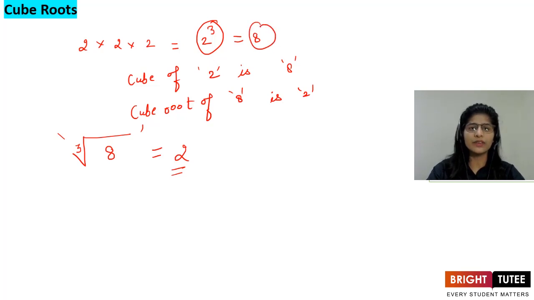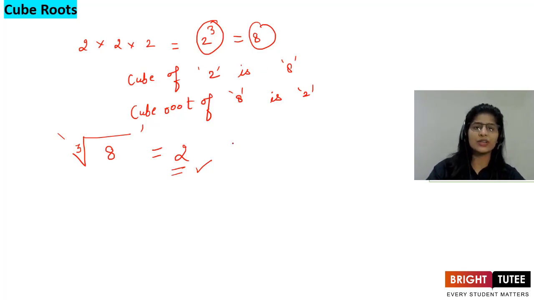So in cube root of 8, 2 will come only once, and in cube of 8, that is 2 cube, it will come 3 times. So this is what a cube root is: the inverse operation of finding a cube.